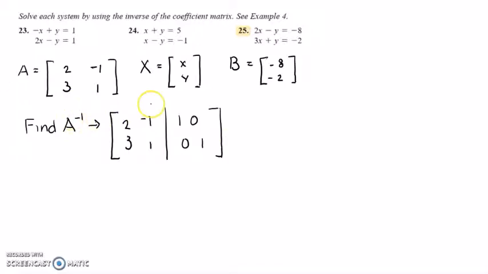Now, if I take 1/2 of row 1, I get 1, negative 1/2, 1/2, 0, and then I'm going to substitute that in here.